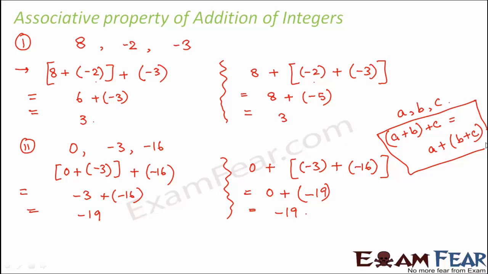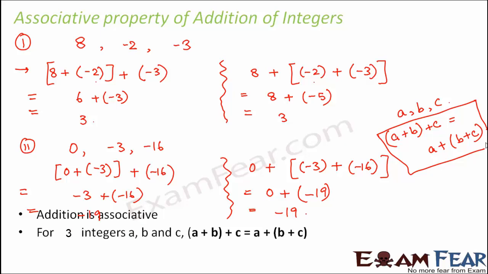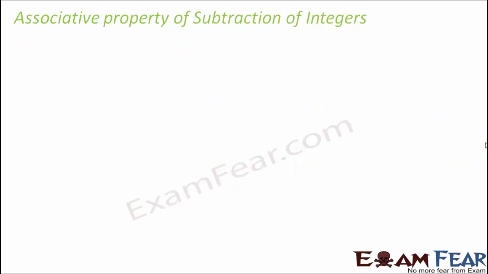So the order of the integers doesn't really matter much. So we say that addition is associative for any three integers a, b and c. A plus b plus c is equal to a plus b plus c. Now, do you think that this associative property will hold true for subtraction of integers as well?